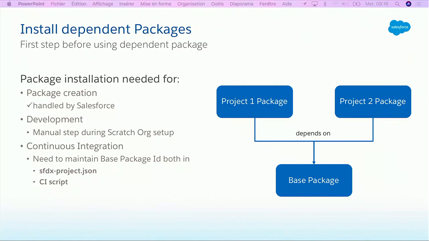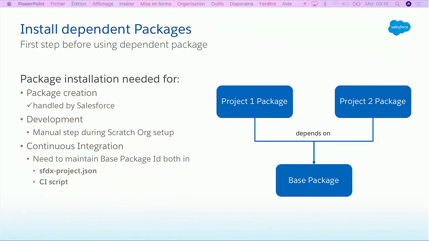But then you need to use this also when you create your scratch org, because you don't want your developer to come in the morning, create a scratch org, and manually install the base package before being able to start working. And even your continuous integration and deployment, you don't want it to install manually. You want it to be automatic.